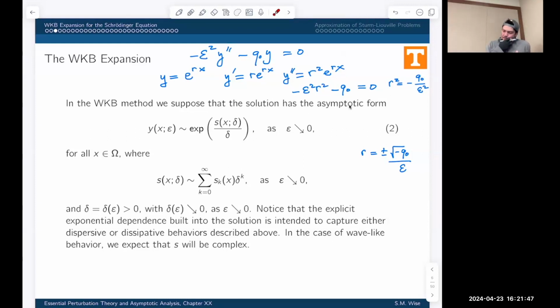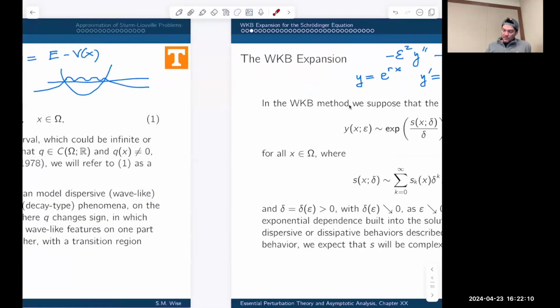So here's the idea. We're assuming that y is exponential in this function S over delta. And we're also going to assume that S has an expansion in integral powers of delta, a standard asymptotic series expansion, which is valid as epsilon goes to 0.